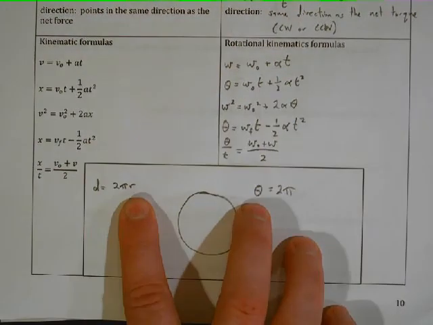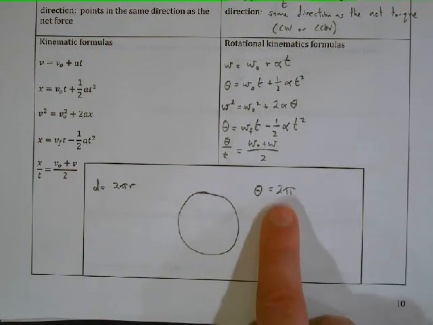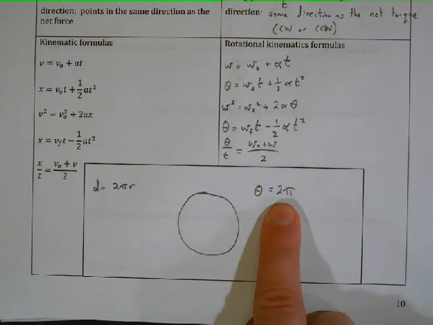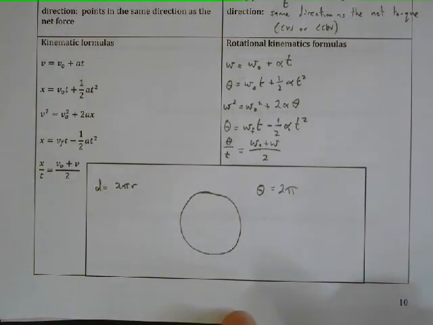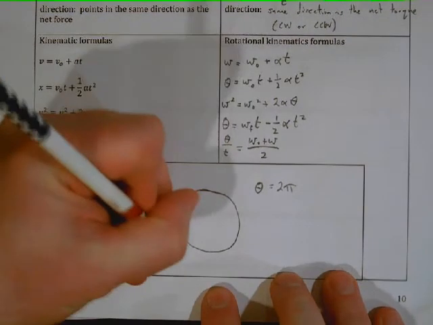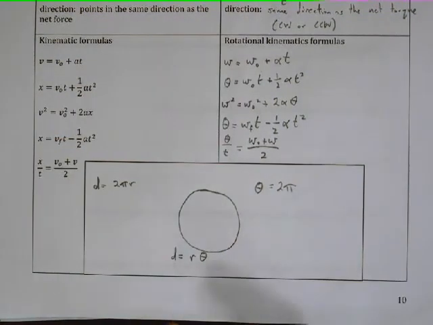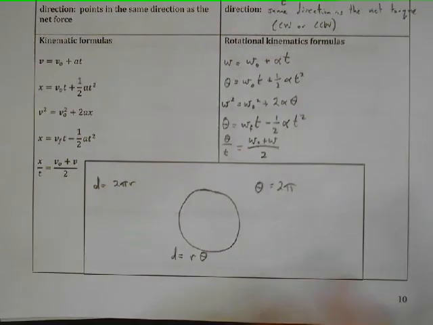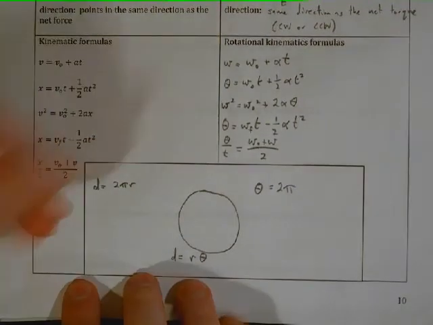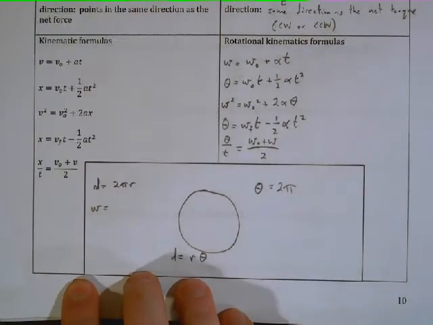The angle to go around a circle one time is 2 pi. So if I want to connect these two, I have to take this times r to get this. So that would mean d equals r times theta.